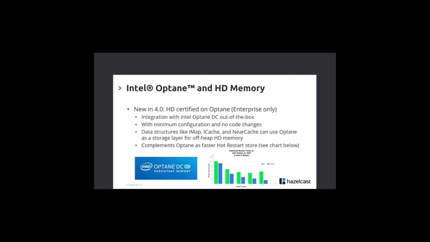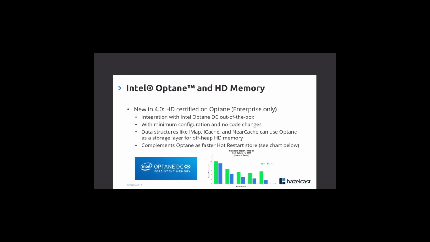But the fact is you can also use Intel Optane as a volatile memory alternative to dynamic RAM. And that's what this new addition to 4.0 is about. It's about using Intel Optane as a nearly-as-fast-as-RAM alternative, but a much cheaper, much denser and higher capacity alternative.